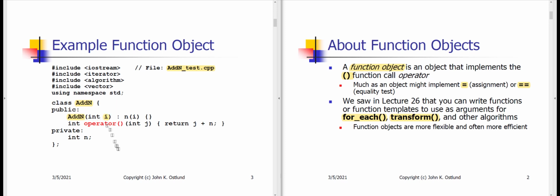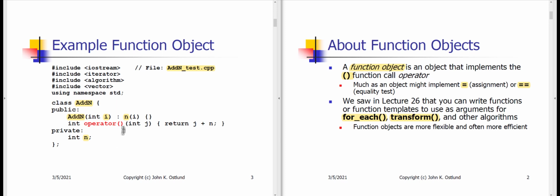You're required to pass one int argument to the constructor, and all the constructor does is initialize its one and only data member n with whatever the argument value is. All right? So within an addN object, the only data member is n, and the constructor just establishes that value for n based on the argument passed in.